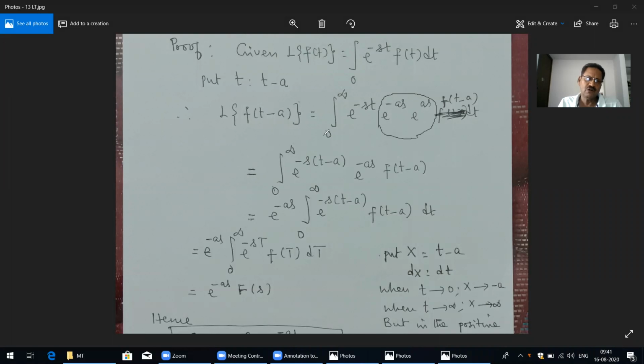You know these values now. It's very simple. Here you write e power minus as into e power as.